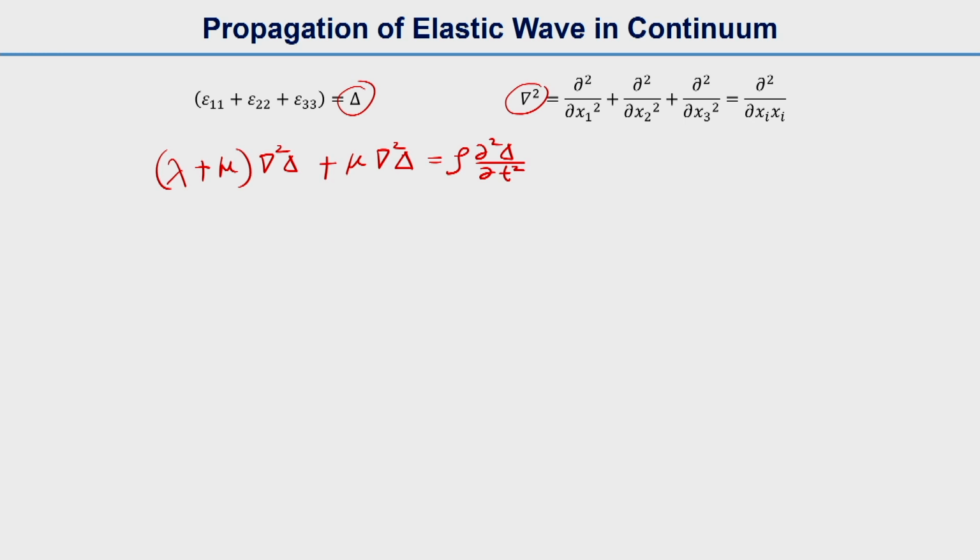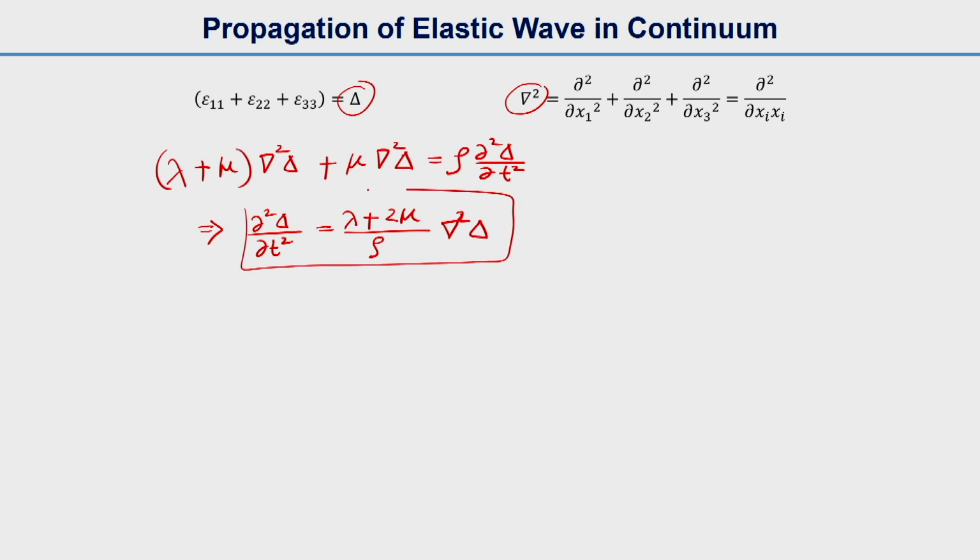This can be rearranged, and that will give you double partial of delta with respect to t is equal to lambda plus twice mu, both are Lamé's constants, divided by your density, times the nebula operator with delta. So this is the equation for longitudinal wave.